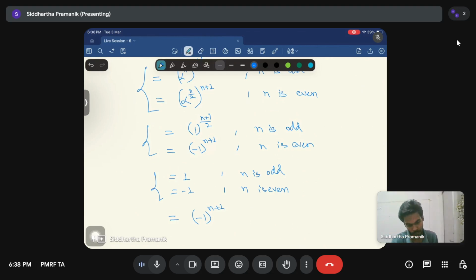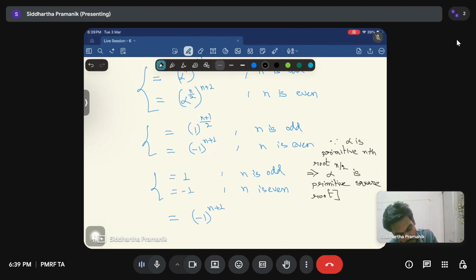So I think I should write here: alpha is a primitive nth root. This implies alpha power n by 2 is a primitive square root.